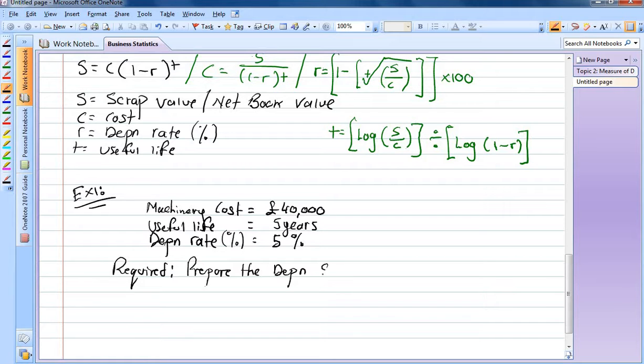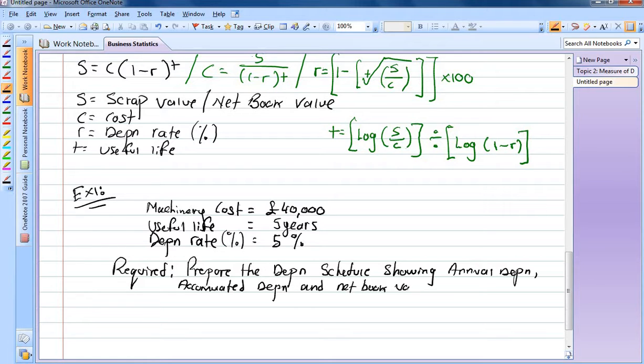Prepare the depreciation schedule showing annual depreciation, accumulated depreciation, and net book value.